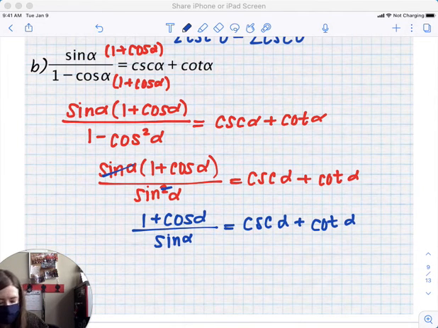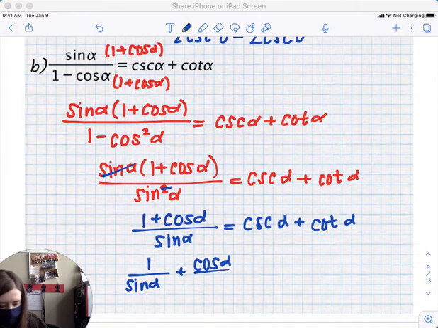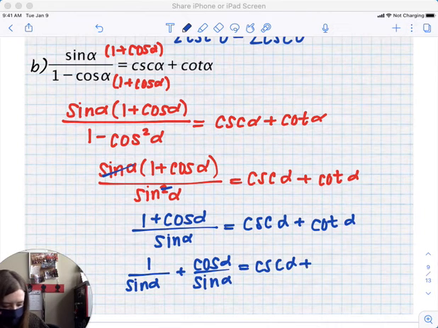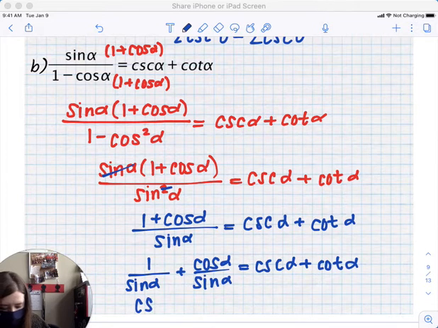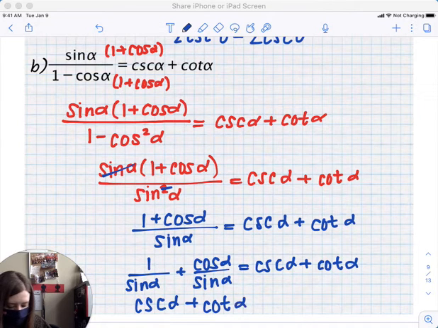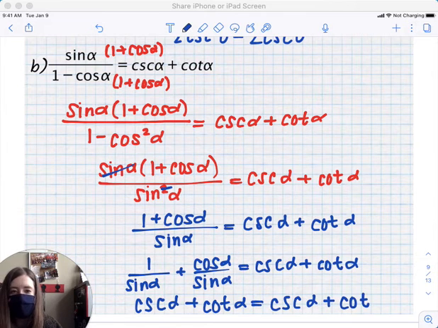So before we added two fractions, we had 1 over sine alpha plus cosine alpha over sine alpha. One over sine is the same thing as cosecant. Cosine over sine is the same thing as cotangent. And now that one is verified. Awesome. Let's take a look at the next one.